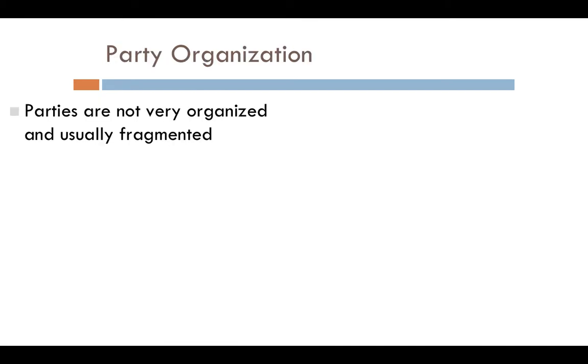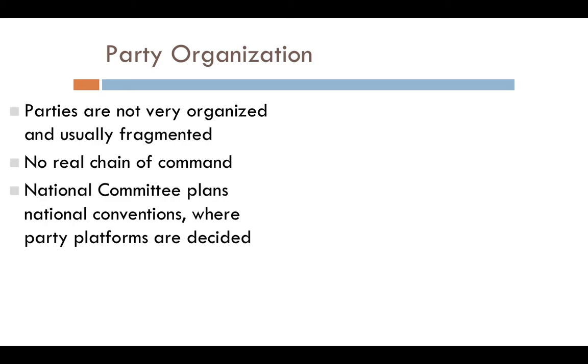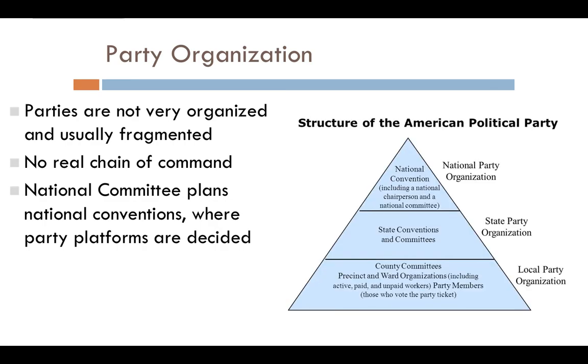Parties are not very organized and usually fragmented. No real chain of command exists. The National Committee plans national conventions where party platforms are decided. And that's pretty important when it comes to the presidential elections, that there's a national committee that has the national convention where they endorse a candidate.